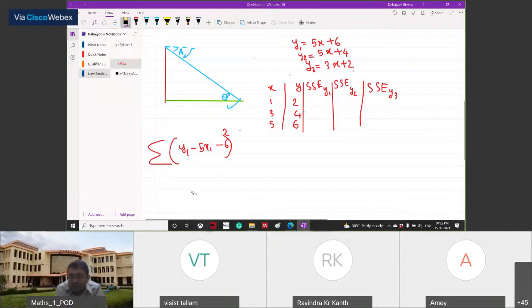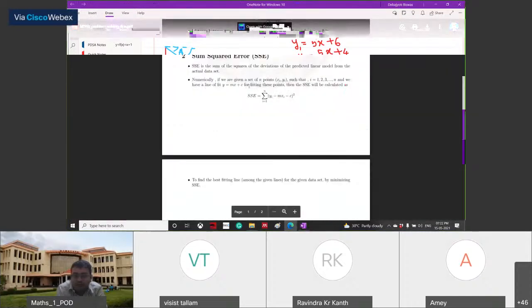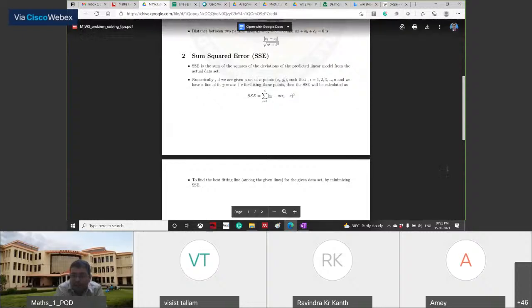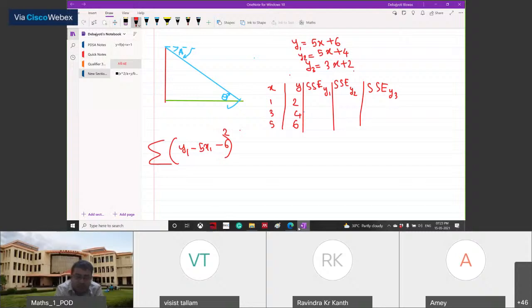So you know that formula, right? This formula SSE equals the sum of yi minus mx minus c. That you basically have to utilize. So for the first point, what we have is 1 and 2.